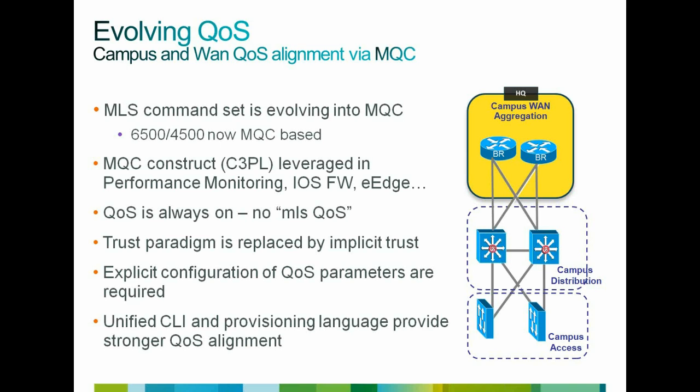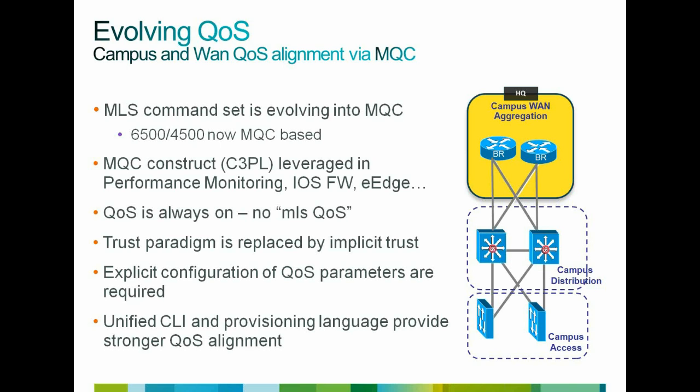So the big thing to notice here is that QoS number one is always on. There's not going to be any MLS commands in the future. The trust paradigm will be null and void because with a router and MQC-based configurations, you don't really have trust. The packets come in without modification. Everything is explicit. So we need to have access edge policies to really enforce that trust boundary at the access edge.